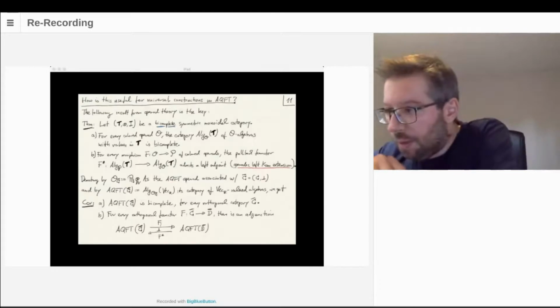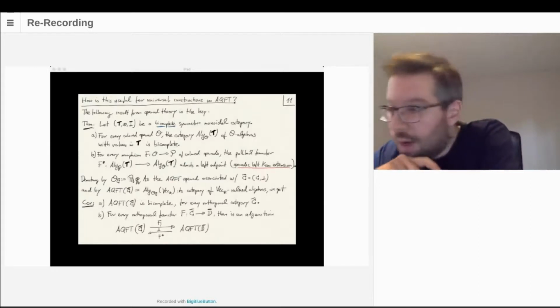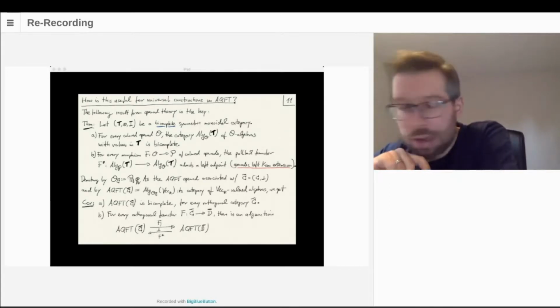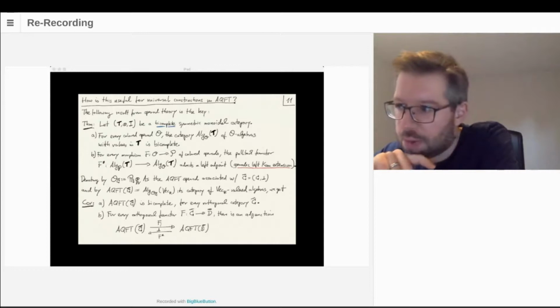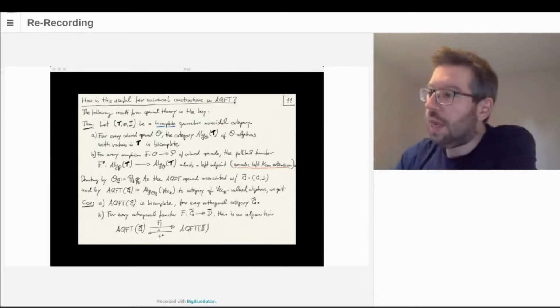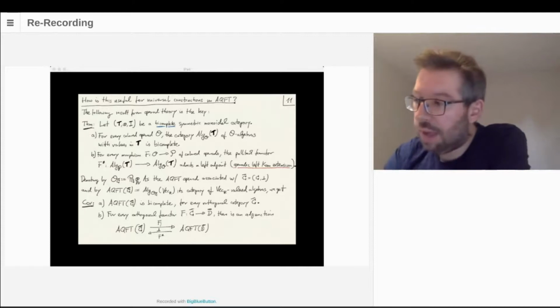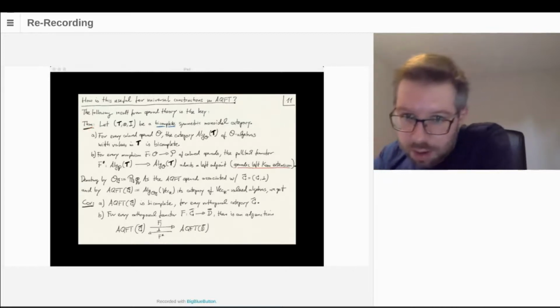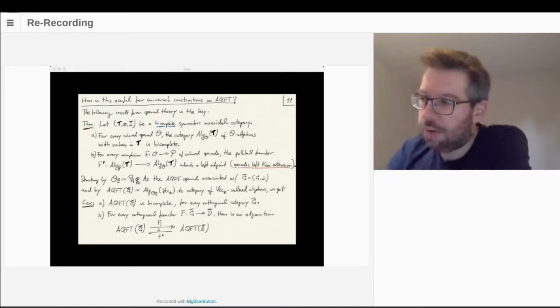So let me say a few words about how these techniques are useful for universal constructions in AQFT. The key to that is a result from operad theory, which I want to review quickly. A standard result in operad theory tells you the following.